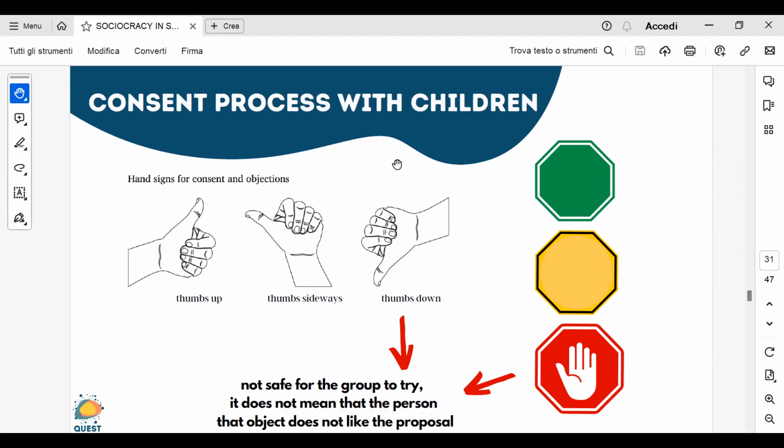Normally they start to object because they don't like something, but it's important to enter the mindset that you object only if this proposal is not safe to try for the group. So it's harming the aim of the group, or it's harming the role of one person in the group.